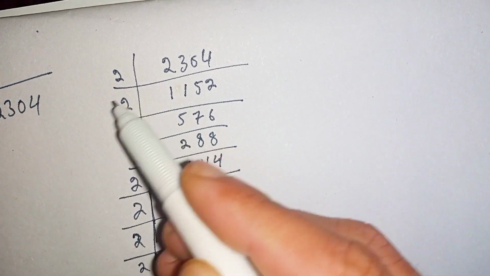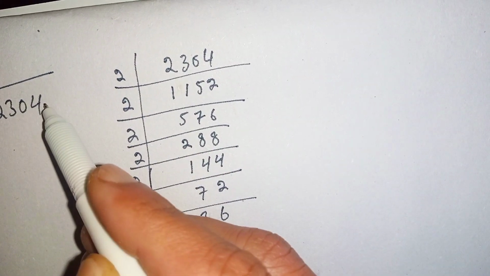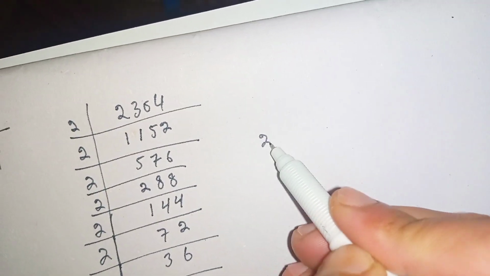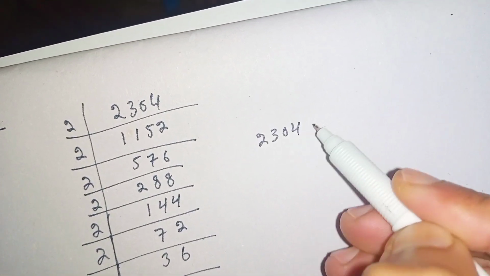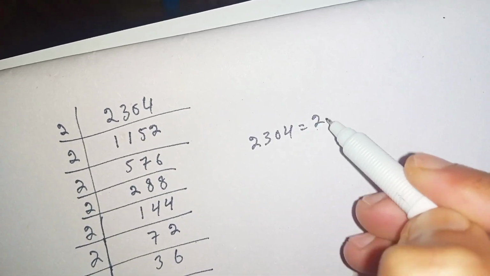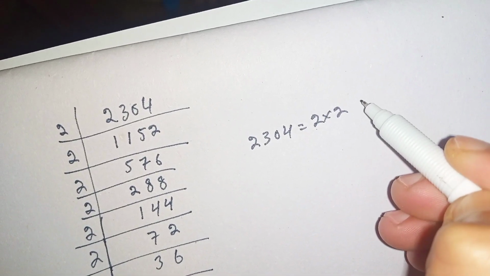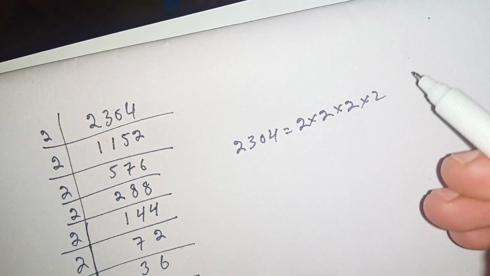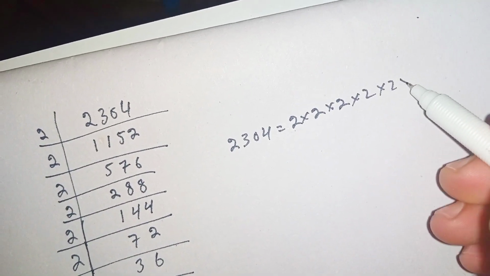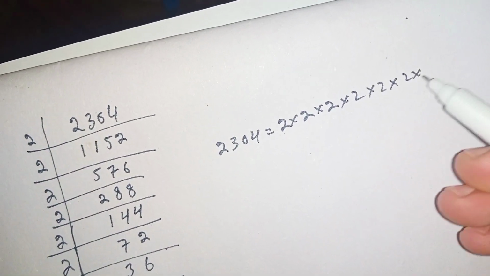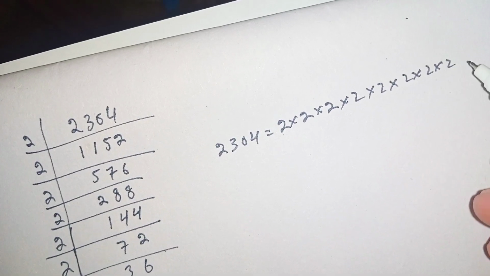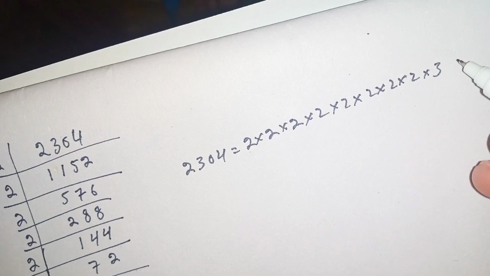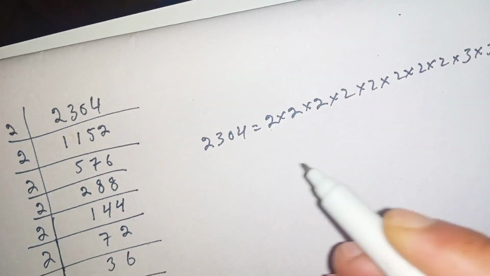So we will write 2304 as the product of its prime factors. So 2304 is equal to 2 multiplied by 2 multiplied by 2 multiplied by 2 multiplied by 2 multiplied by 2 multiplied by 2 multiplied by 2 and multiplied by 3 multiplied by 3, right?